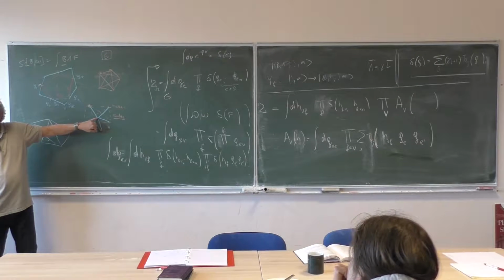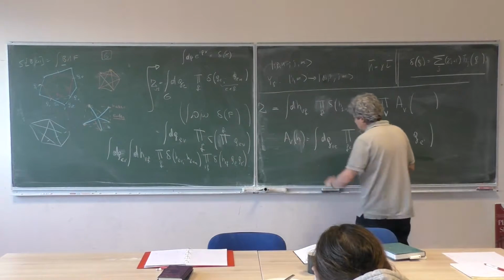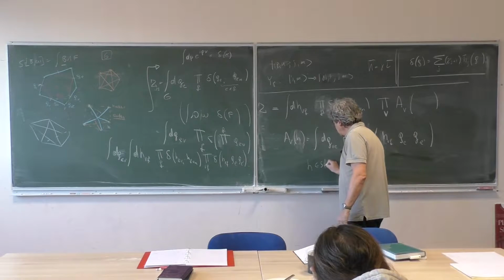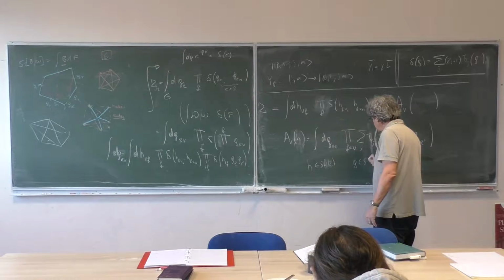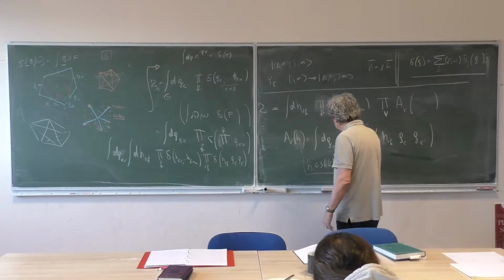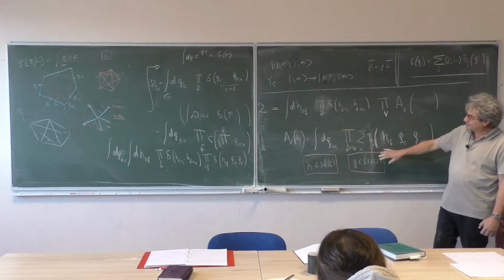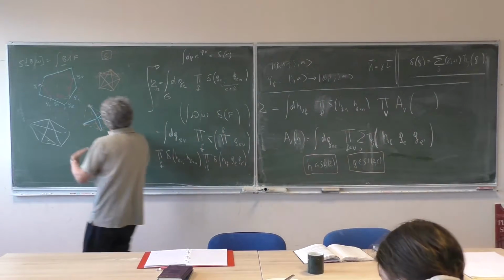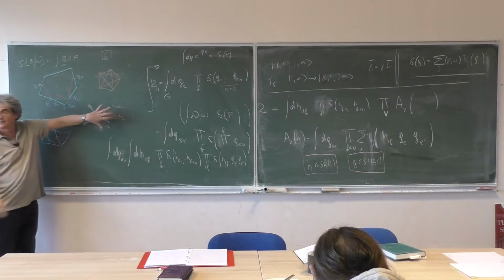So I want this H to be in SU2, but I want this G to be in SL2C. I want an SL2C theory, but on the boundary, in the time gauge, I want to represent my states as SU2.